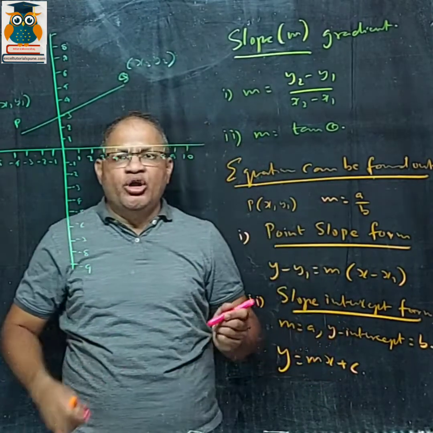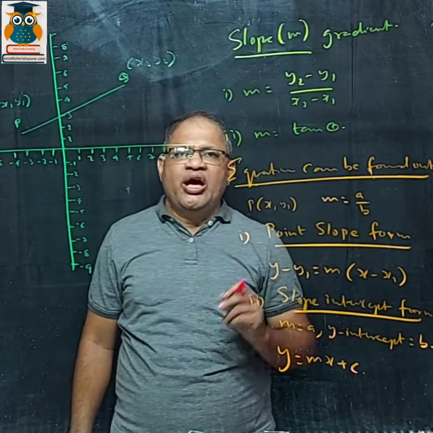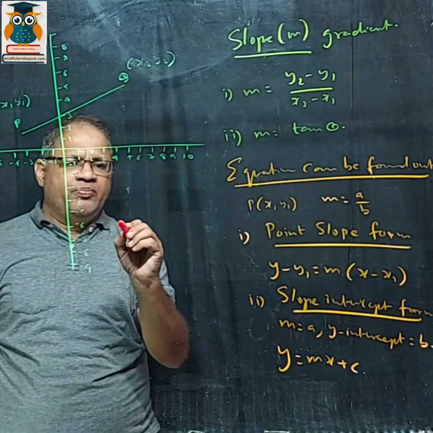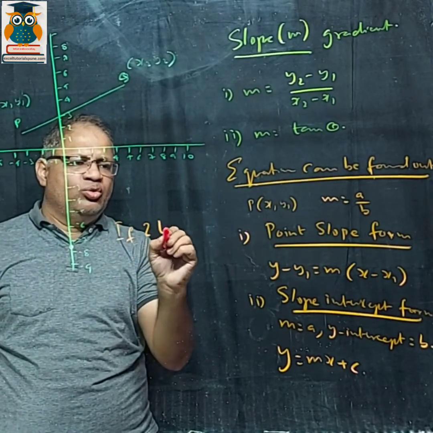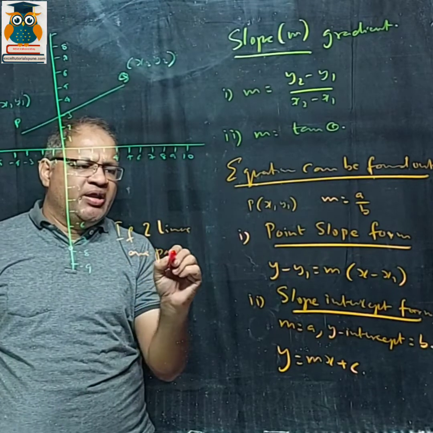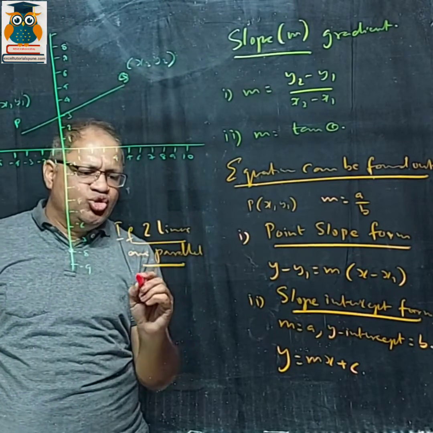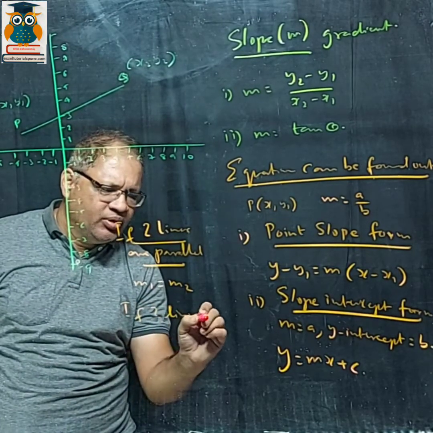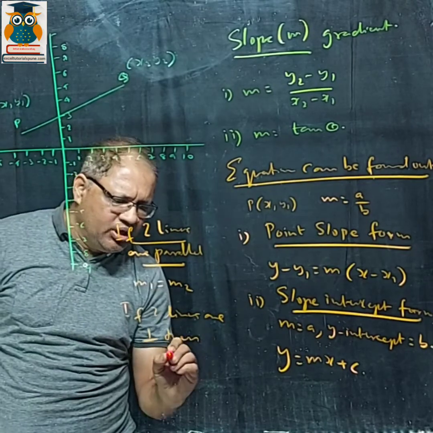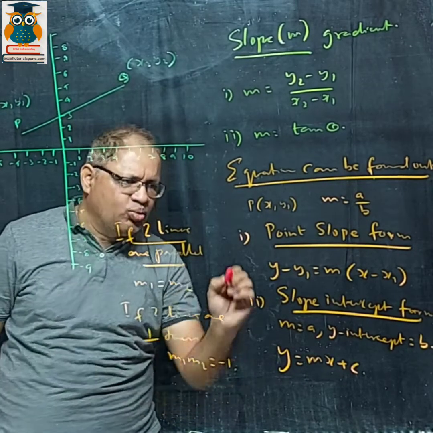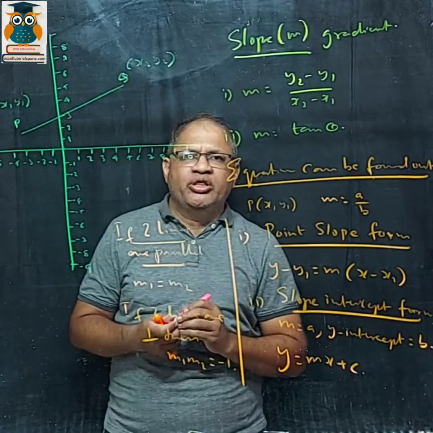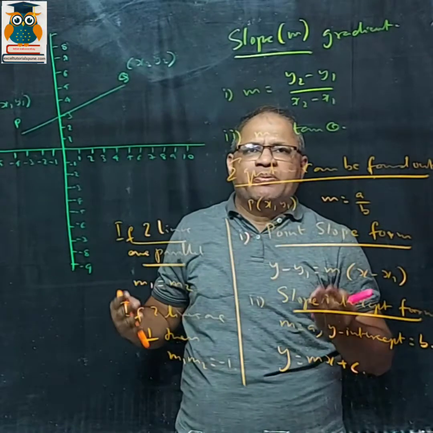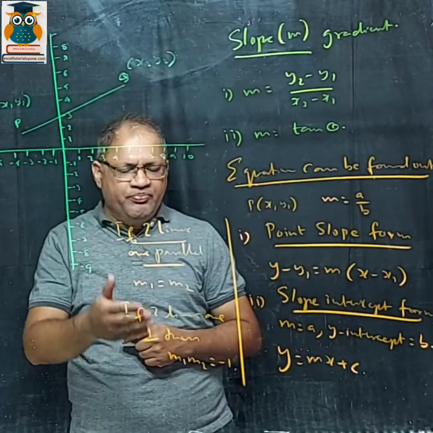Alright, so these are all the formulas. Now there are other formulas also, the sums of which are not coming for this board exam. For example, if two lines are parallel, then slopes are equal, and if two lines are perpendicular, then m1 m2 is equal to minus 1.